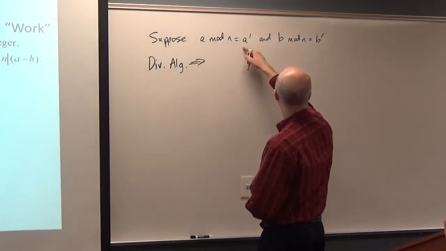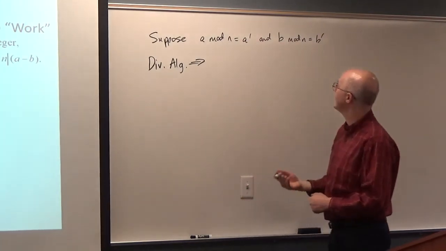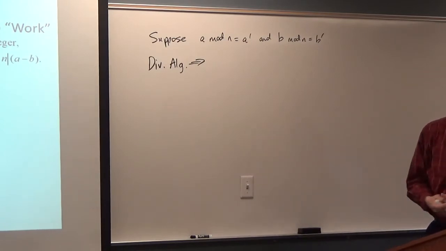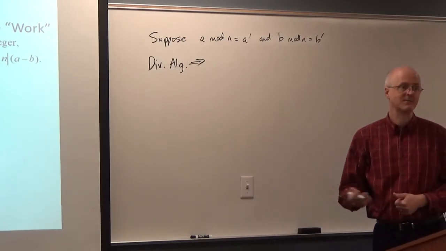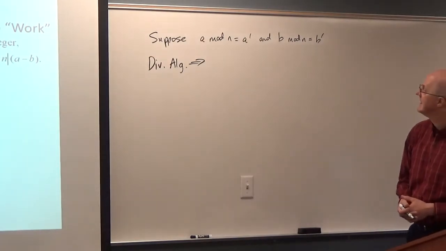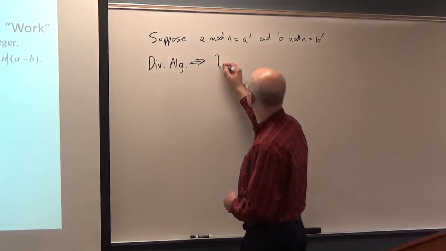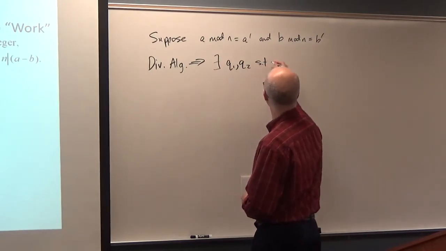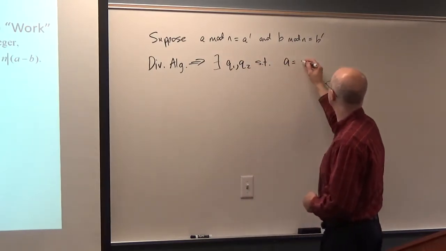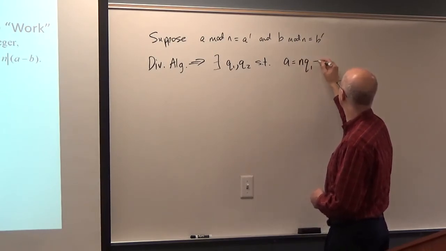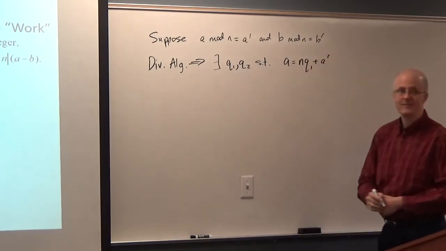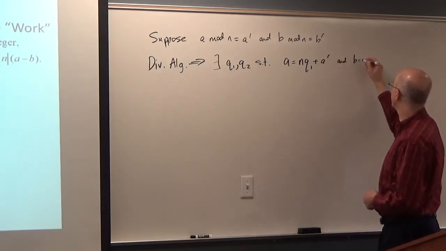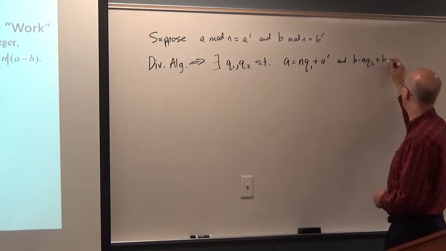We already have the remainders, a prime and b prime, that we get when we divide by n, that come from the division algorithm, that are definitely between 0 and n, possibly equal to 0 and less than n. But we can say also that there exist, say, q1 and q2, such that a equals nq1 plus a prime, and b equals nq2 plus b prime.